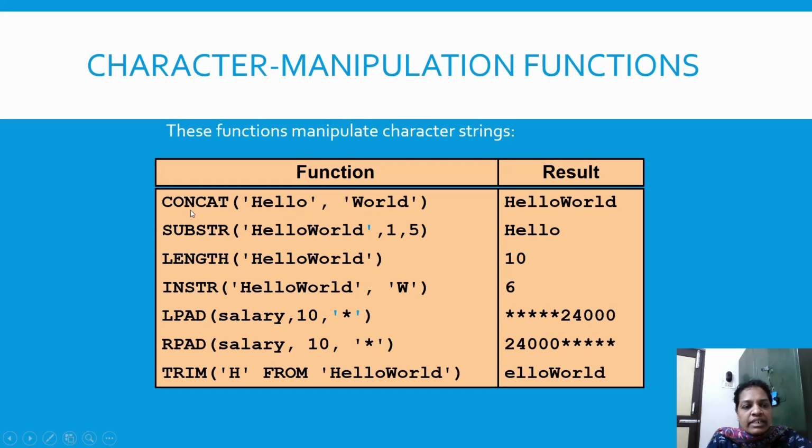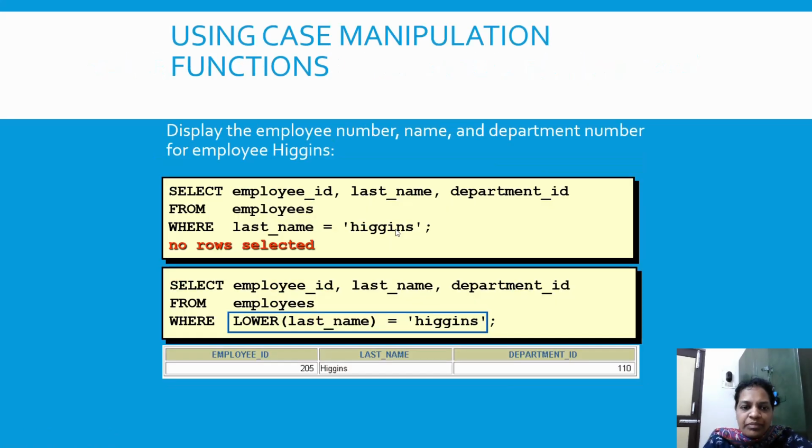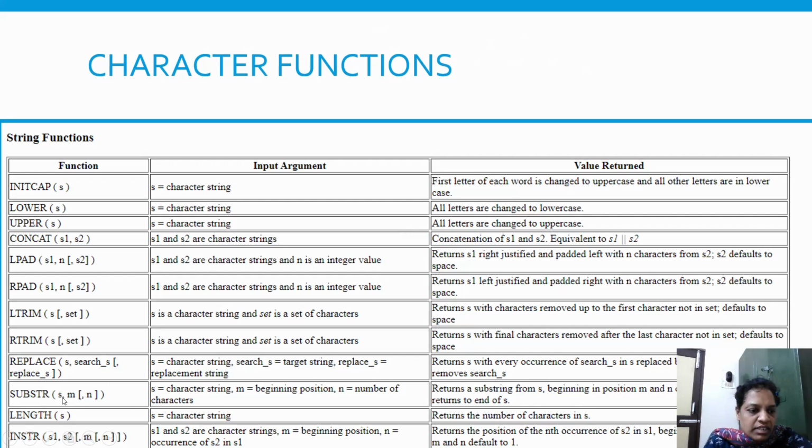So these are the character manipulation functions. When we give CONCAT of hello and world, it will join the two strings. Then SUBSTR of hello world. I have already said the syntax: string, M, N. M is the beginning position and N is the number of characters.